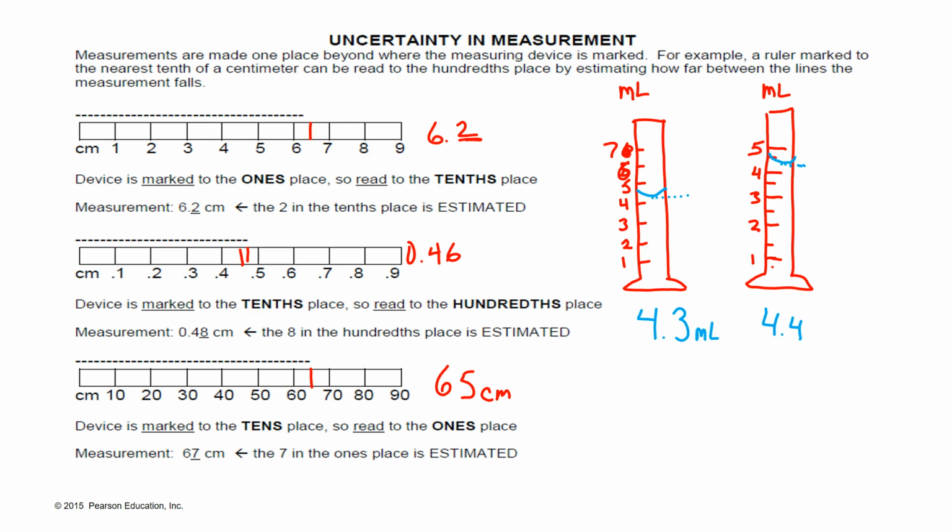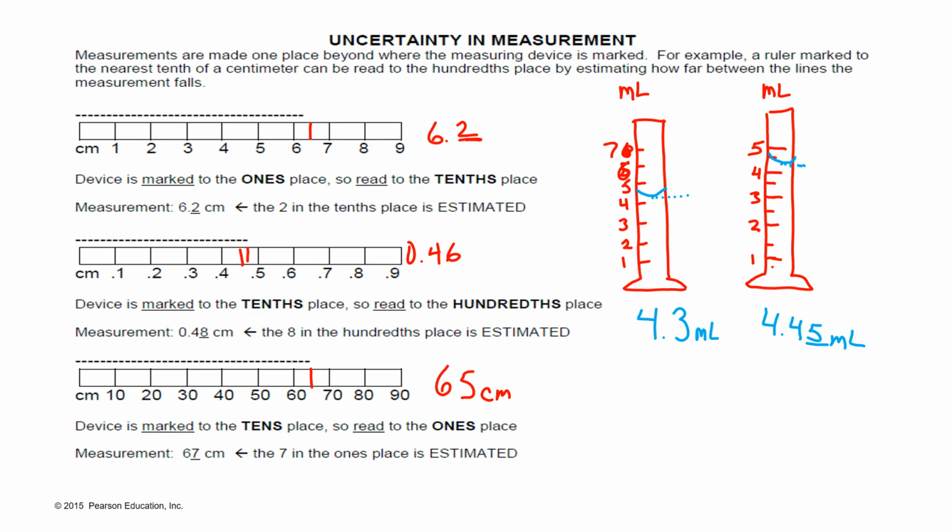And now I can actually estimate in the hundredths place on this one, because it kind of measures to the 0.5. So let's just say that it's 4.45, something like that. We can go all the way out to the hundredths place on this one. We can only go to the tenths place on this one. All right, so that's one of the things that matters when we report these numbers.